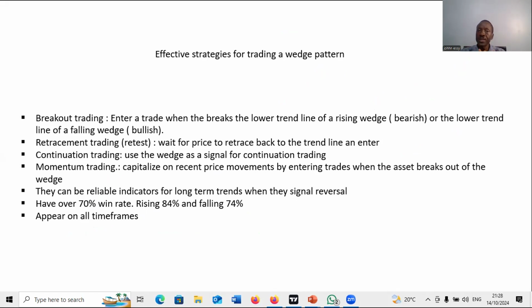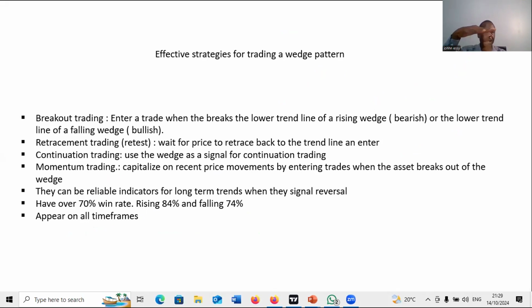And then the other thing that I want to tell you is that a wedge is part of that pattern. Remember, I said a flag, that we will have the pole. Dr. Mani says we should not call it the post, but here in Kenya, we're calling it a flag post. So we will have the pole, and then there is the flag.